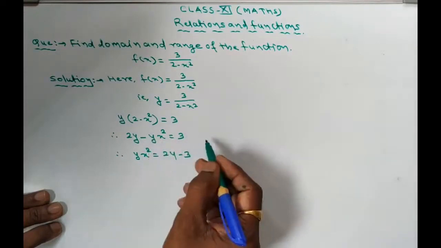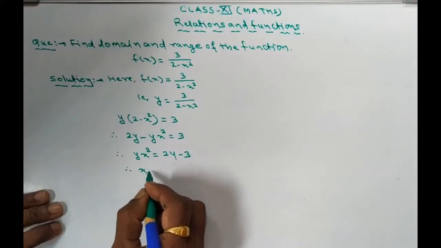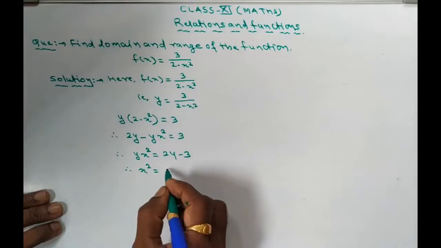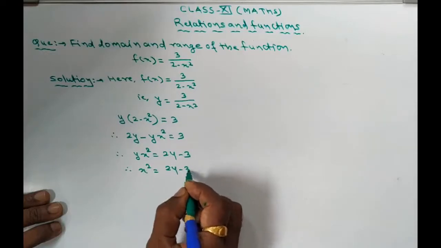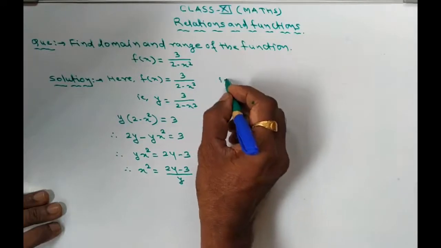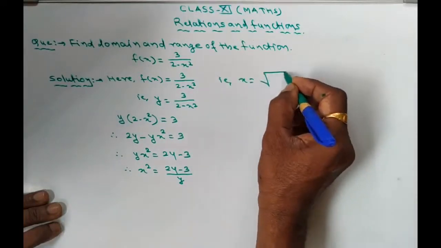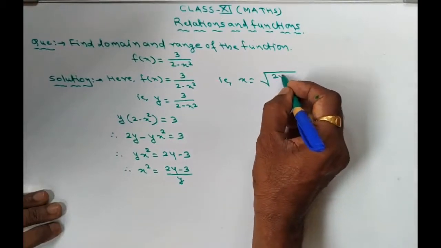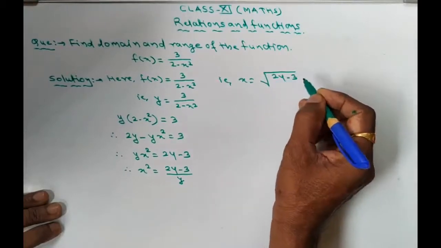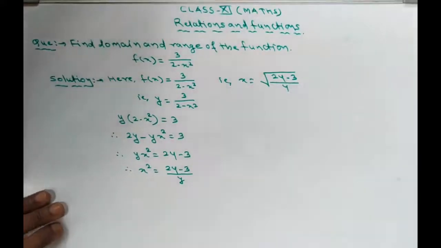Take y x square this side, 3 this side. Okay, therefore x square equal to 2y minus 3 upon y, that is x equals to under root 2y minus 3 upon y, right?